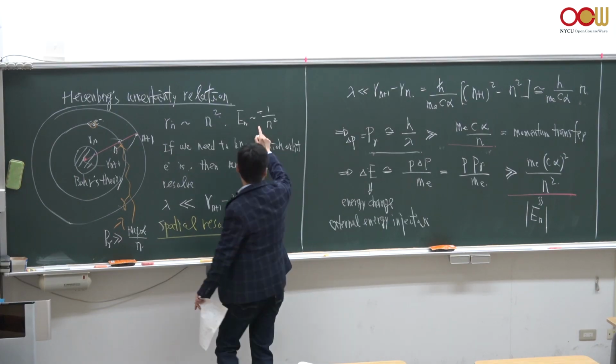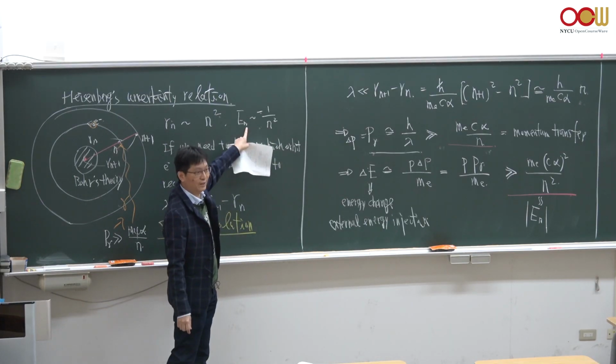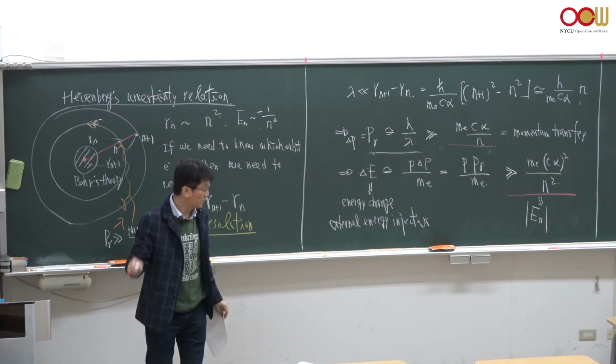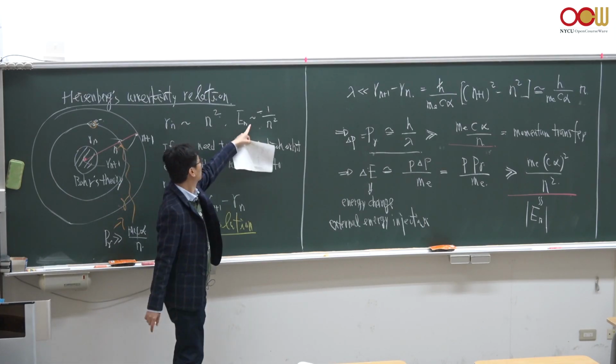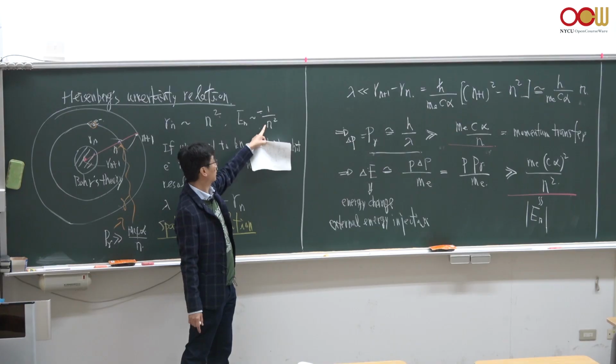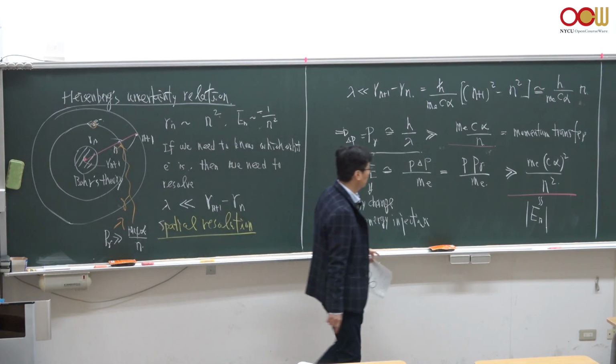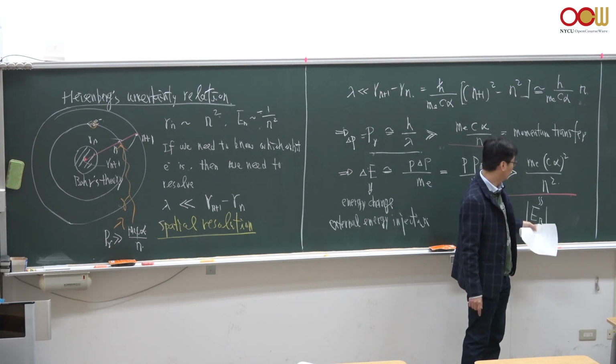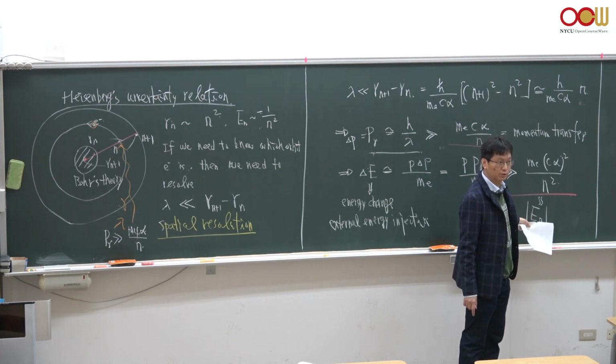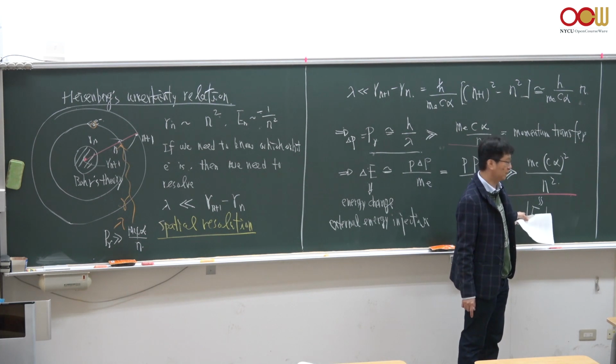As you can check in chapter 1 of your textbook, in Bohr's theory, the energy of a specific Bohr radius is given by 1 over n squared times some prefactor constant, and this is precisely the absolute value of the energy of the Bohr orbit for the nth orbit.